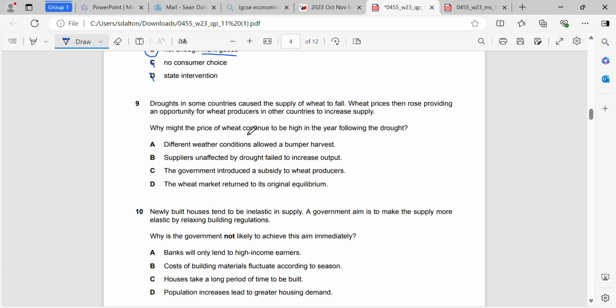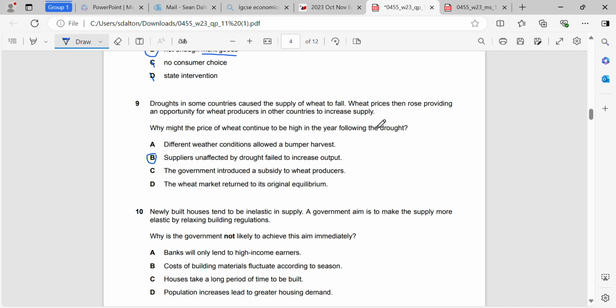Question 9. Droughts in some countries caused the supply of wheat to fall. Wheat prices then rose, providing an opportunity for wheat producers in other countries to increase their supply. Why might the price of wheat continue to be high in the year following the drought? Okay, so our correct answer here will be B, and why?